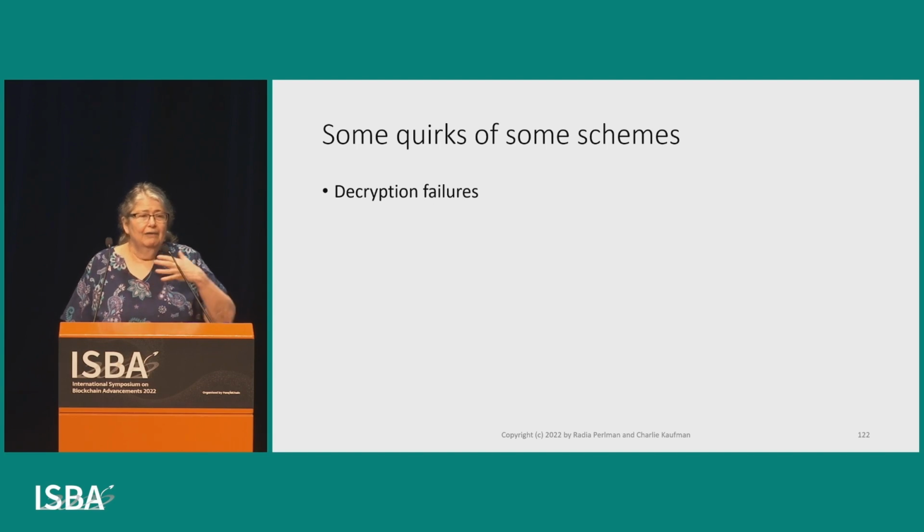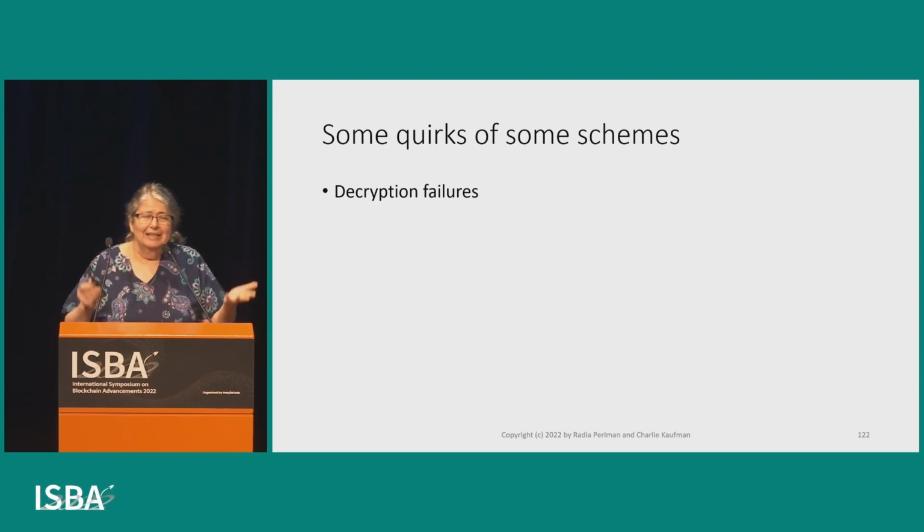I might have a scheme where I can encrypt something for you, but the scheme might have a decryption failure where I send it to you and you can't decrypt it at all. Or you decrypt it to a different answer than the one I had encrypted. This doesn't happen with RSA, but it can happen with these things.